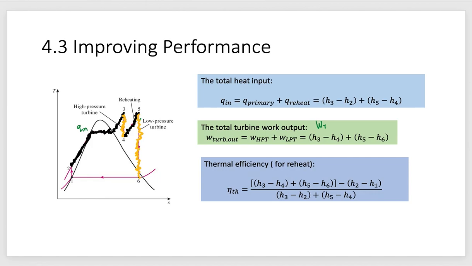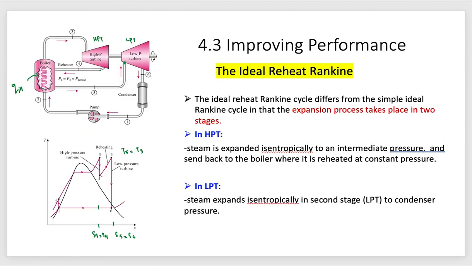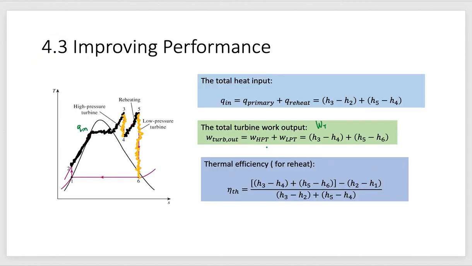And there will be one more heat addition, at state 4 to state 5, where the steam is reheated in a boiler. We call it Q reheat. So Q reheat is H5 minus H4. So this is the total heat input.